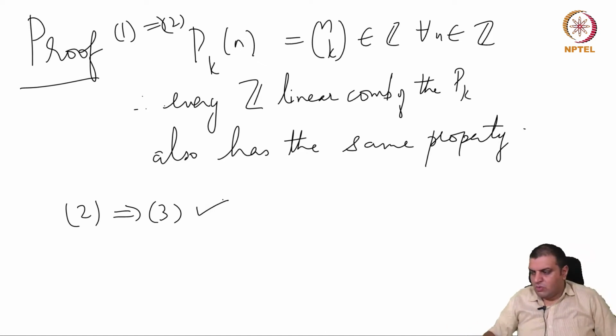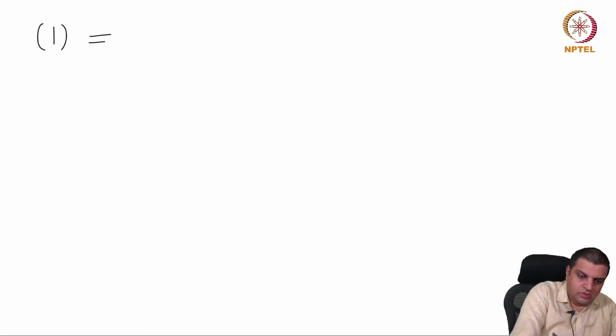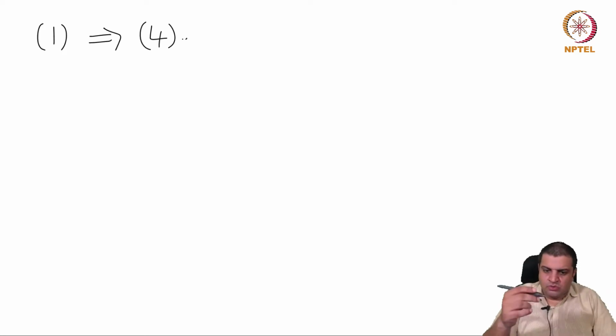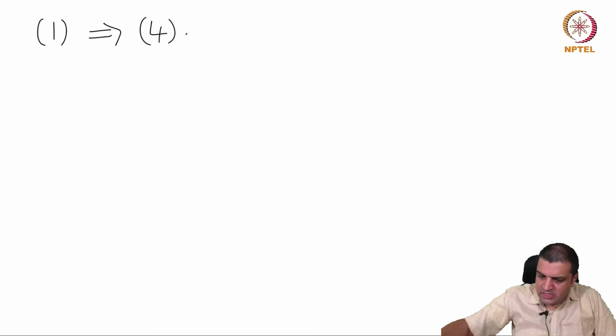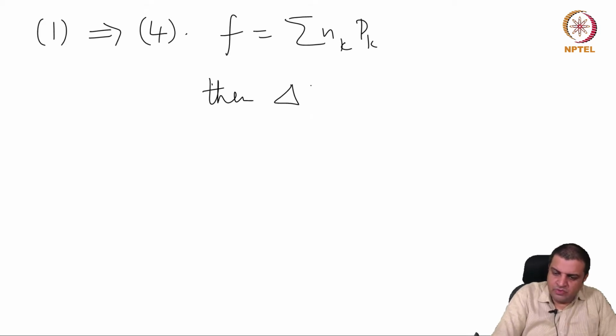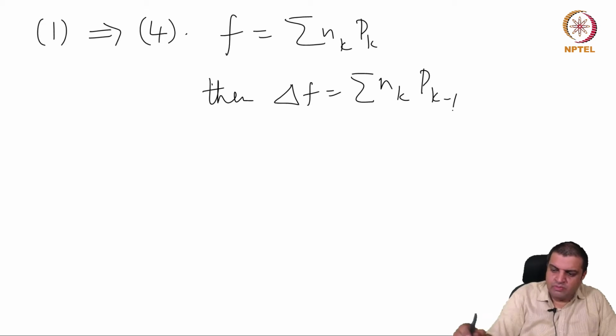Now let's prove 1 implies 4. That is also immediate, because if f is the sum of n_k P_k, then Delta f is the sum of n_k P_(k minus 1).